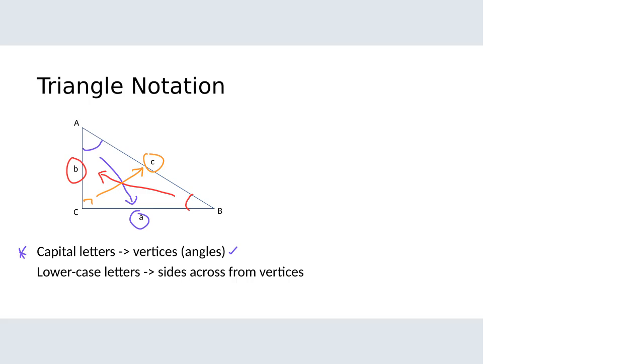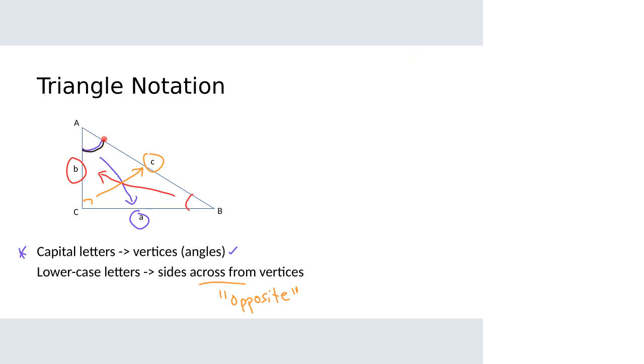Across from is going to be really important for us. A word that we're going to use for that is going to be opposite. So you're going to hear the word opposite a lot. And essentially what we mean by the word opposite is the one that's across from it.